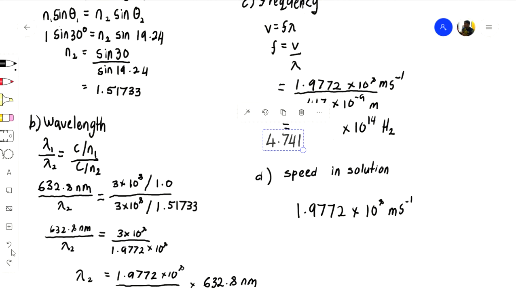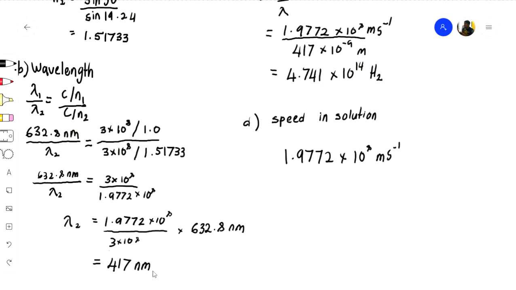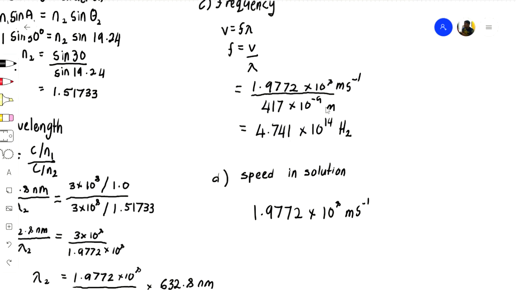Then I put the value right here, and the lambda, the wavelength that I already calculated. However, that answer is in nanometer, so I decide to change it to 10 to the power of negative 9, because we have to solve this question in meters. So we can cancel the meters, divide, and get 4.741 times 10 to the power of 14 hertz, because it is frequency.